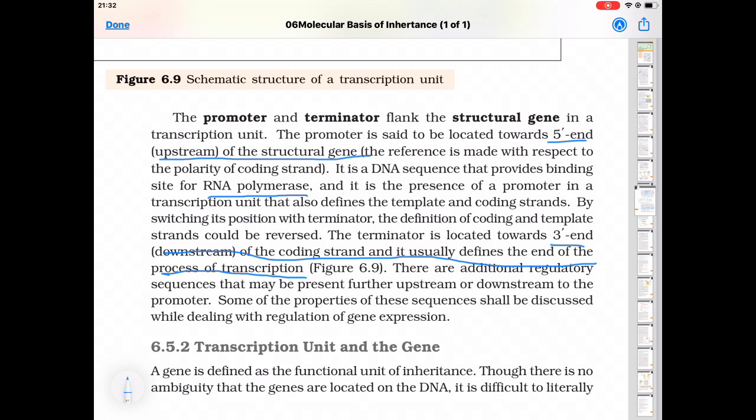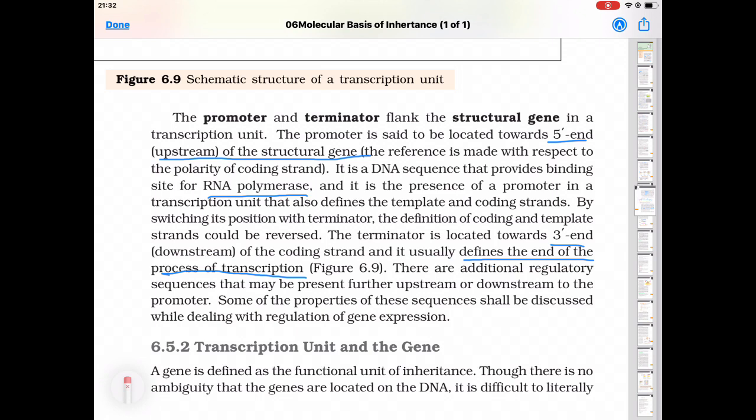Some more information. Helicase enzyme also moves in the 5' to 3' direction and breaks the hydrogen bonds between the base pairs. This is an energy consuming process and the energy comes from ATP.